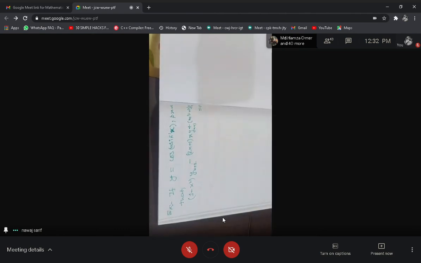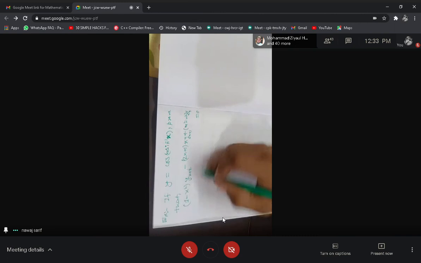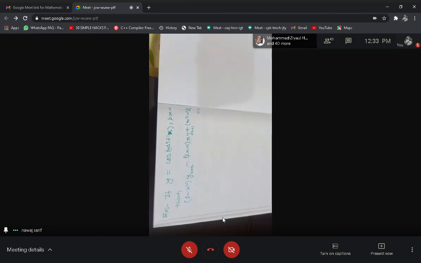Okay, you are given that y is cos(m sin inverse x), then prove that this equals 0.